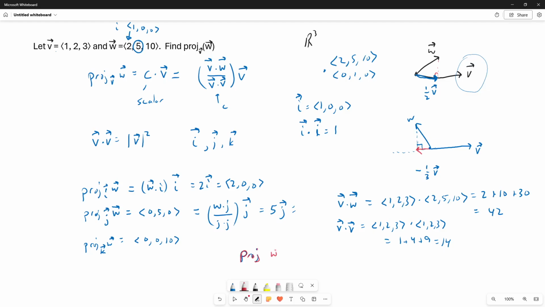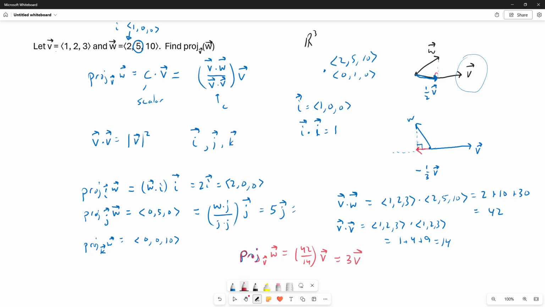So now the projection, let me do this in red. The projection of w onto v is going to be the fraction with 42 on the top, 14 on the bottom. It's 42 over 14 times the vector v. Again, the projection onto v is a multiple of v. Our multiple is 3.